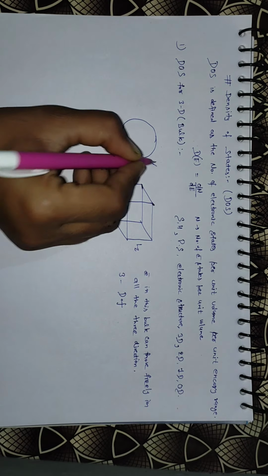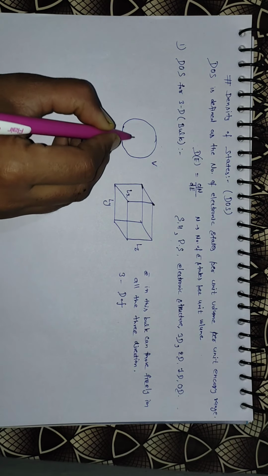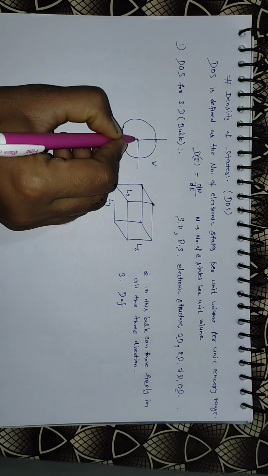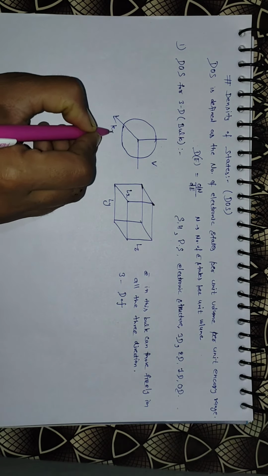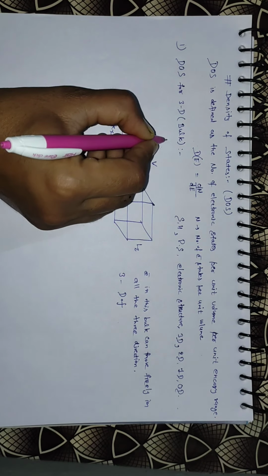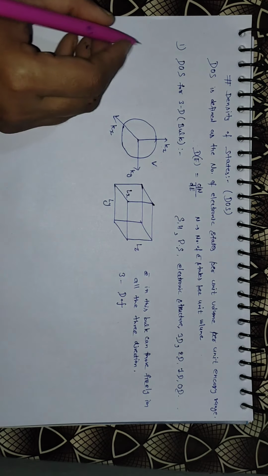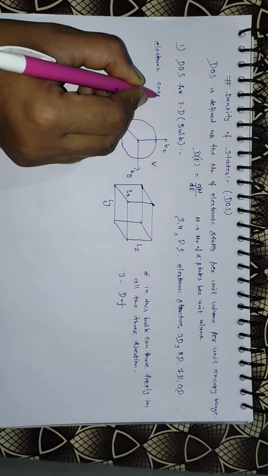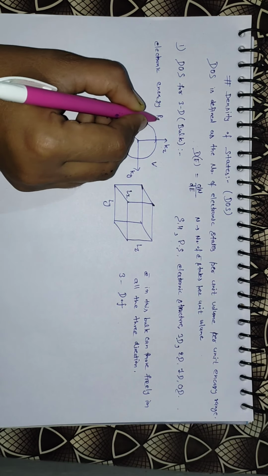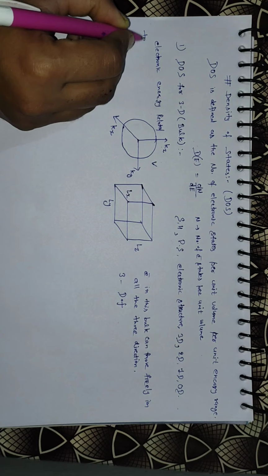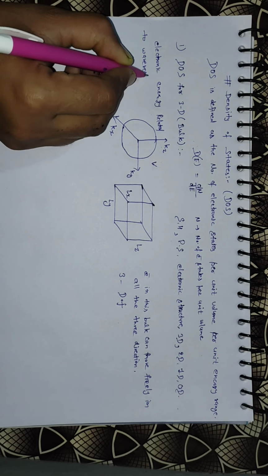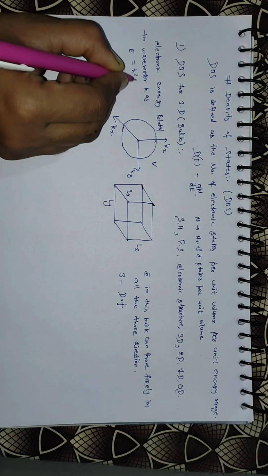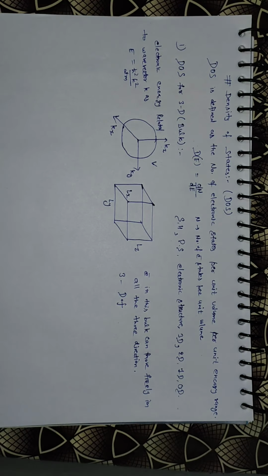A sphere of volume V and radius k, and let these be the axes in k space: kx, ky and kz axes. The electron energy is related to the wave vector k: E is h cut square k square over 2m.